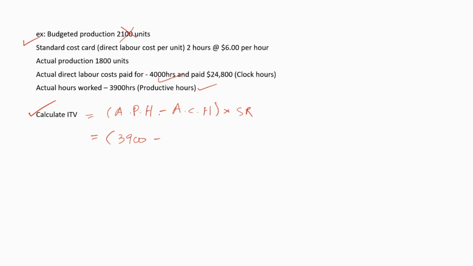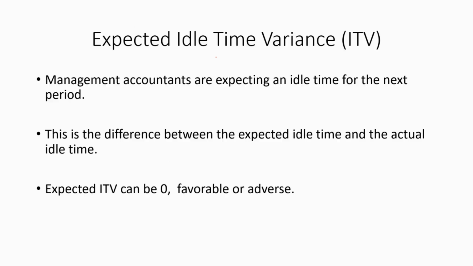This value, 4000. Standard rate per hour is $6 per hour. This is equal to negative $600, which means $600 adverse. This is because actual productive hours are less than the actual clock hours.